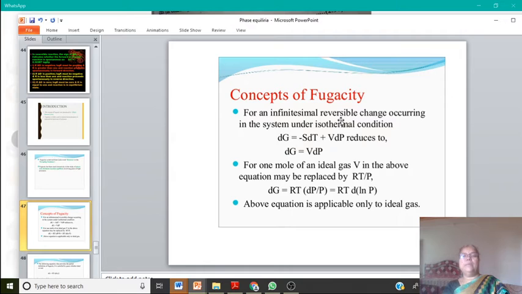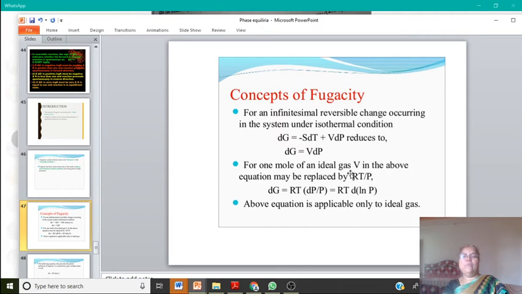And for infinitesimal reversible change occurring in a system under isothermal condition, that means temperature constant, this dT, the change in temperature, becomes 0 and this term becomes 0. Therefore we have dG is equal to V dP.